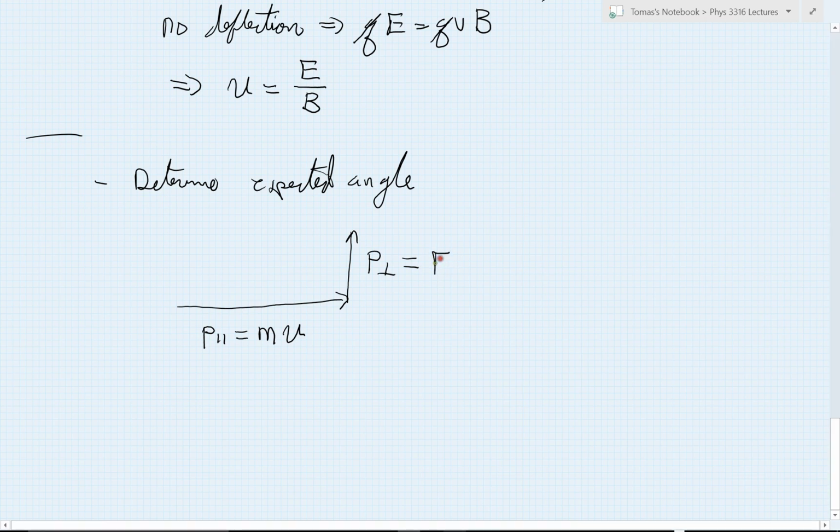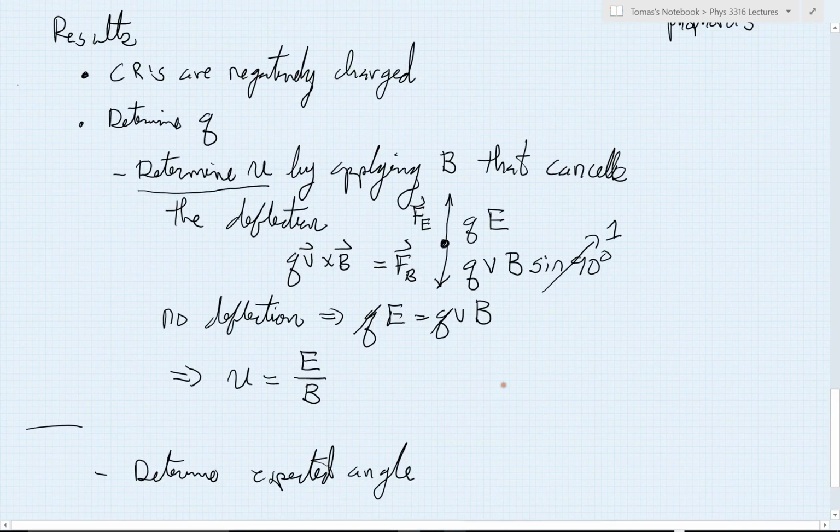Momentum is just force times the amount of time over which you apply the force. And in this case, the force we know is QE. We don't know Q, but we know the electric field for sure. We're trying to relate these quantities. And the time that we spend between the plates, now that is something that we can figure out, right?